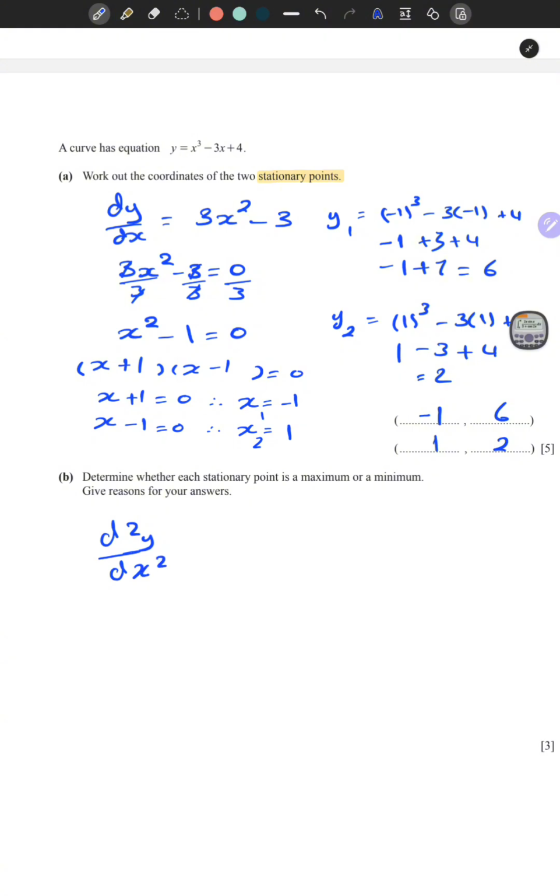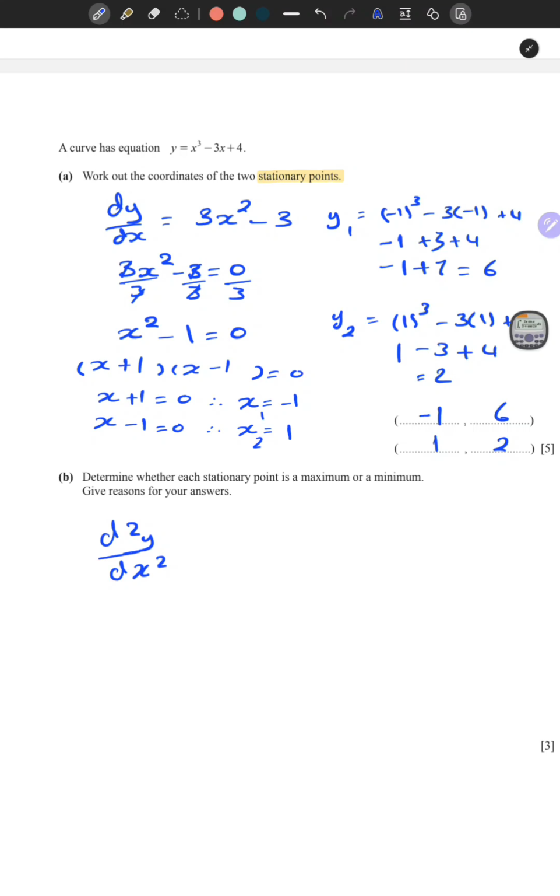And then after finding this value, we need to know if this value is greater than or less than 0. If it's greater than 0, the point will be a minimum, and if it's less than 0, the point will be a maximum.